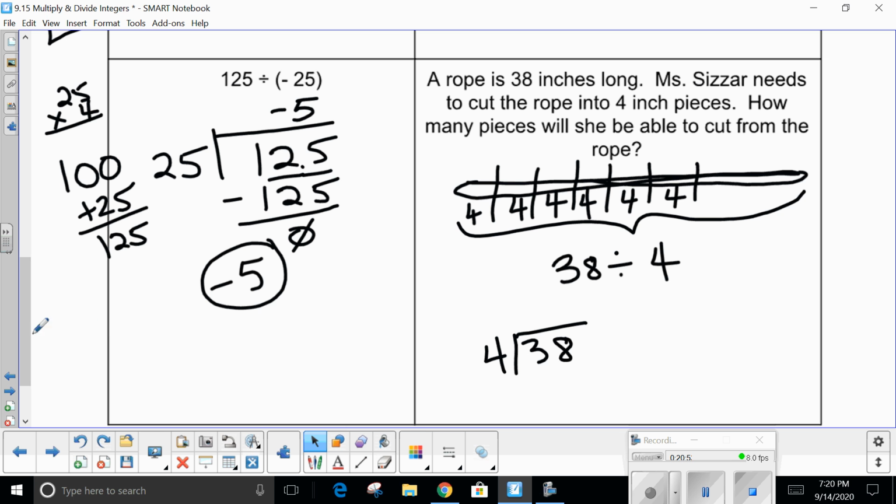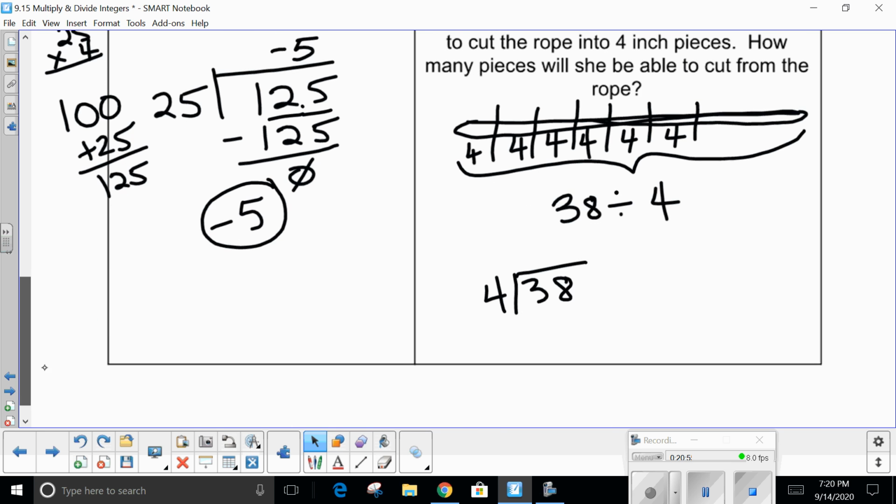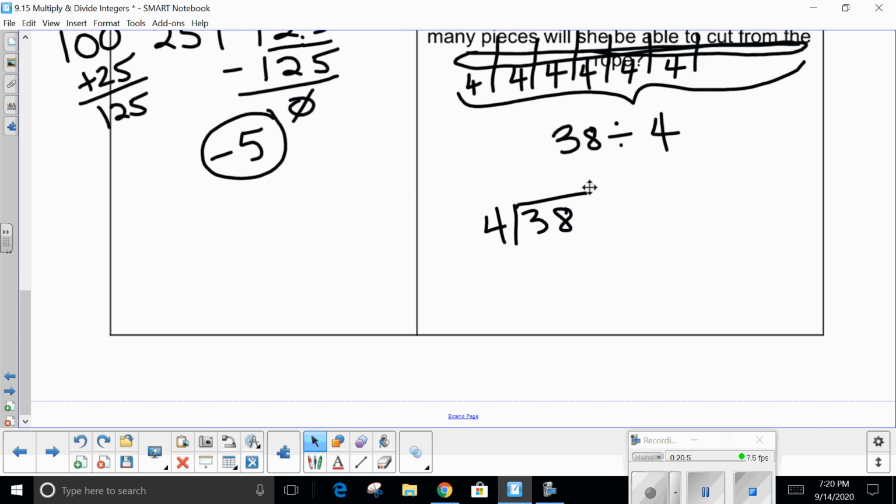How many times does 4 go into 38? Well, I know 9 times 4 is 36. So I'm going to subtract 36 from 38, and that leaves me with 2.